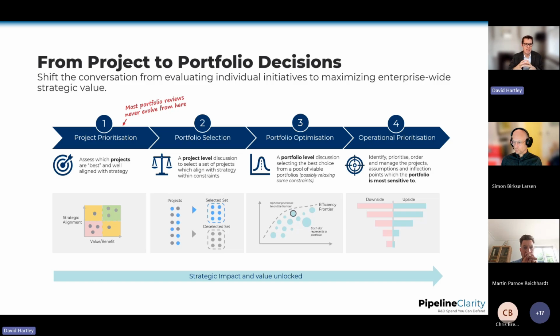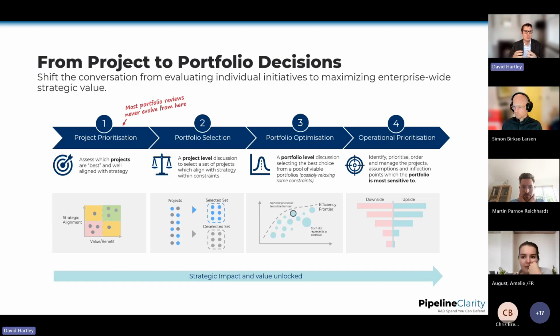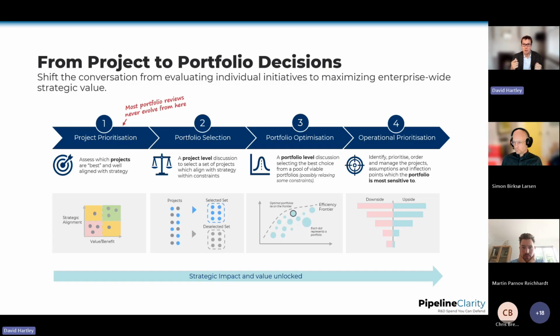So this is really a project level discussion where projects are assessed on how well they align to the strategy and the value, benefit and risk that they have, and they are given a high, medium, low score. When this is well executed, what typically happens is those high, medium, low scores are translated into how functional resources are aligned, and how flexible capital is aligned to programs.